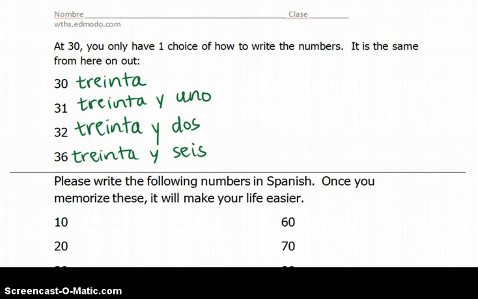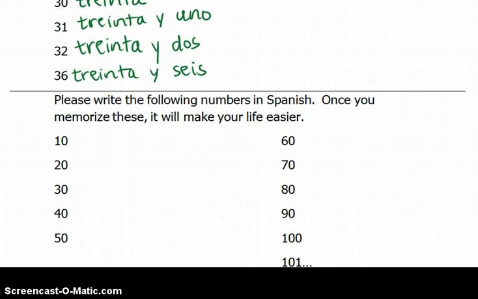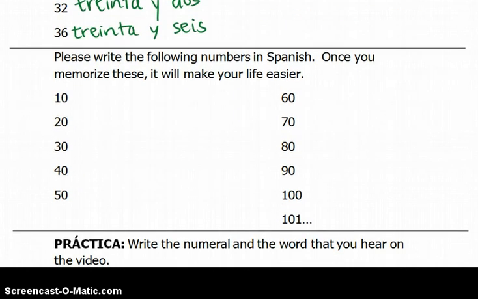Here, now that we know the pattern, we need to know just the tens, and we can make any number up to 100. So 10 and 20 and 30, you know.